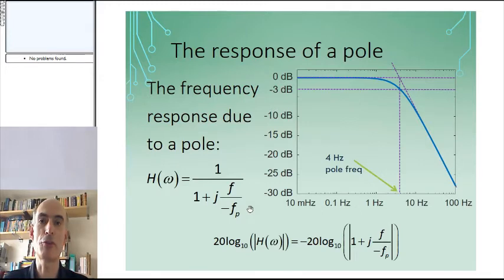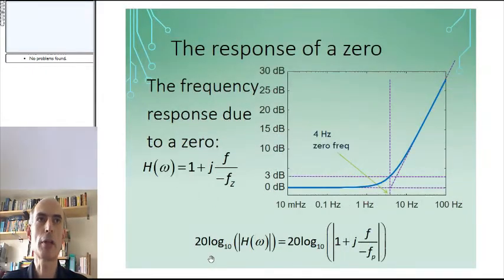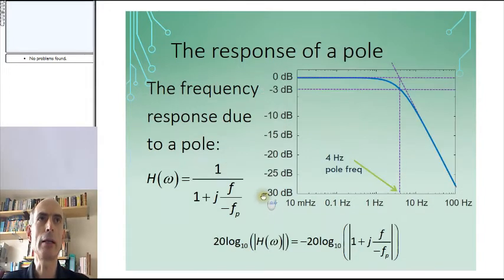The 2 pi's cancel. So, in both cases, with a zero, at lower frequencies, the zero has no effect. At high frequencies, it produces an increase of 20 dBs per decade, and around about the break frequency, it introduces a curvy bit. The pole does a similar thing. Low frequencies, no effect at all.